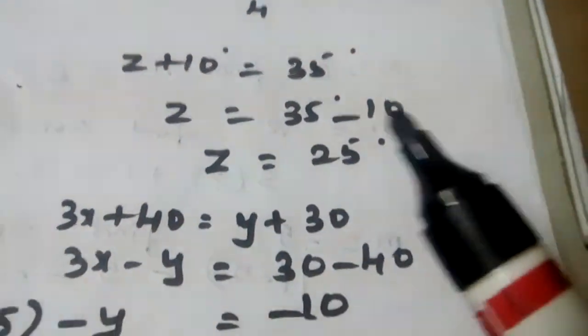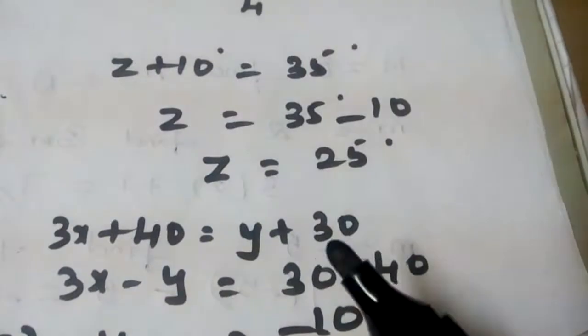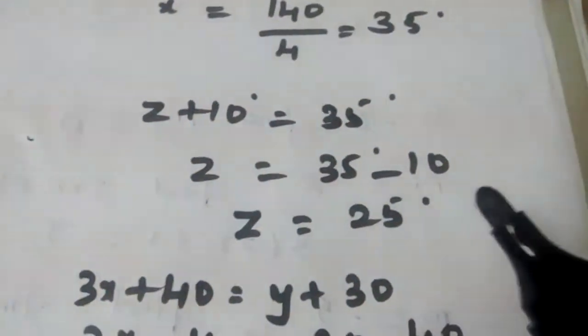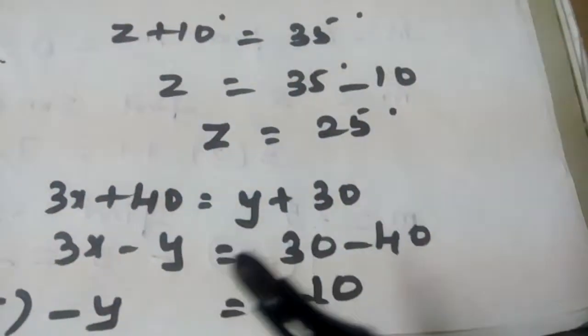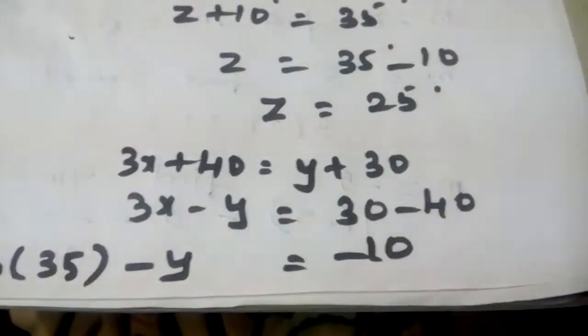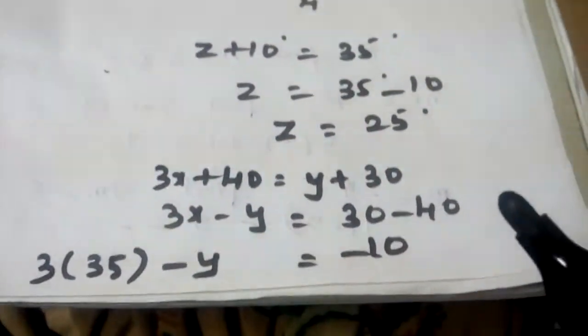Then after finding that, we equate this equation and this equation to get the value of y, because we found out x and z. Now 3x plus 40 is equal to y plus 30. Then you will be getting the value of y as minus 10.